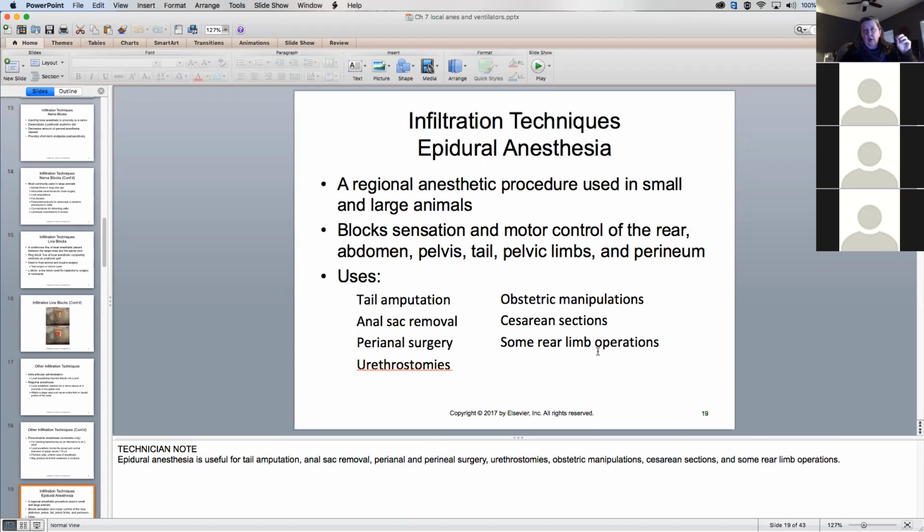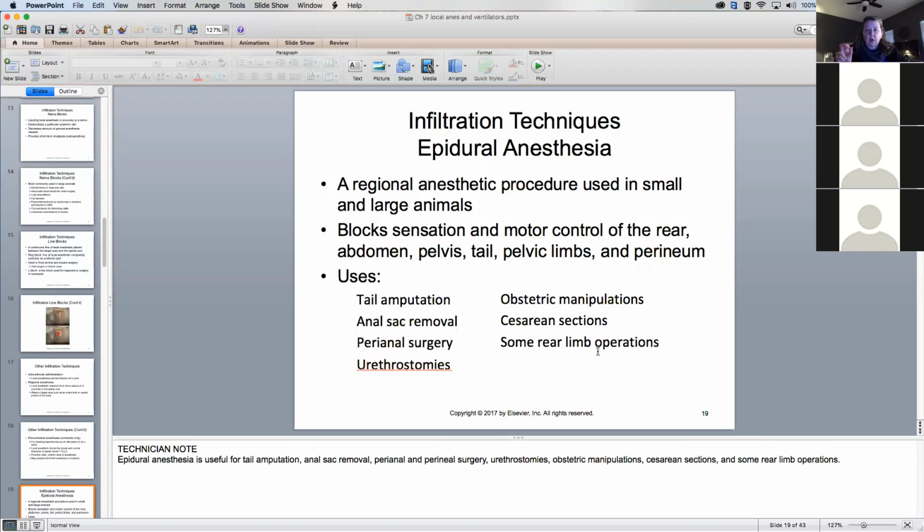I had a dog that was having a TPLO. That's one of the common cruciate surgeries that we do. That dog was on 0.5% isoflurane, because we had good pre-med, we did an epidural, and the dog got an MLK drip during surgery.